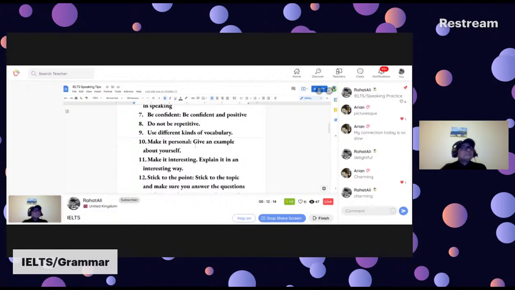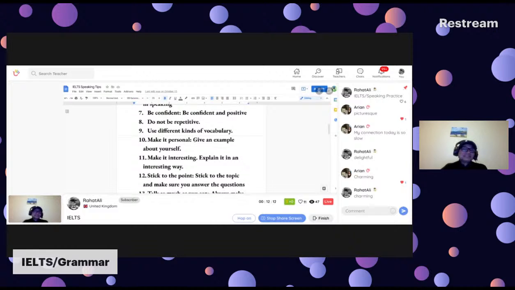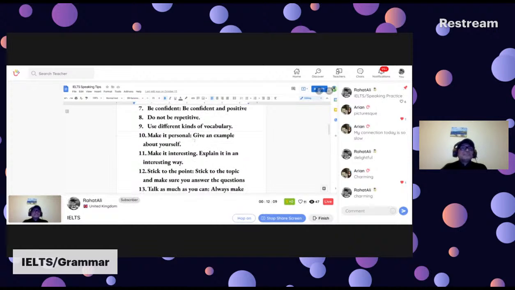Number 11, make it interesting. Explain it in an interesting way. Remember that when you're giving examples, when you're explaining something, make sure it becomes interesting. It looks interesting as well. So how can you make a thing interesting? Remember that more or less we talk similarly if you have been asked a topic, but make it interesting.